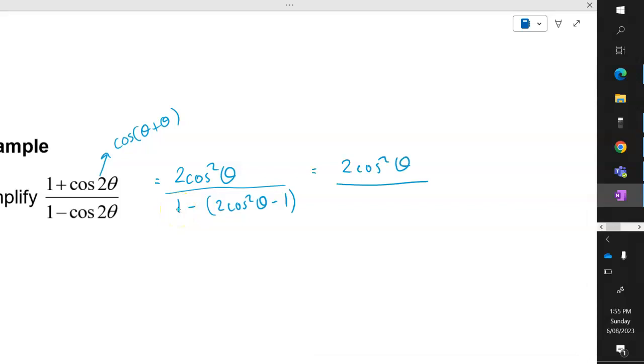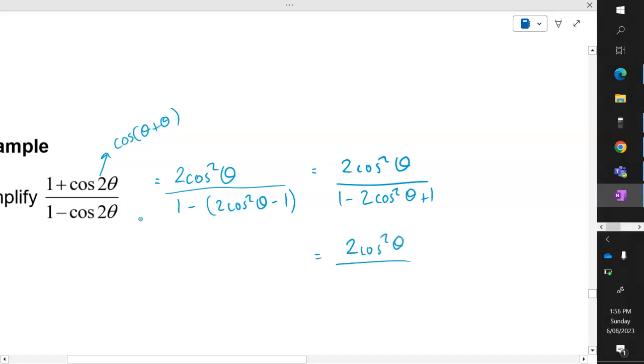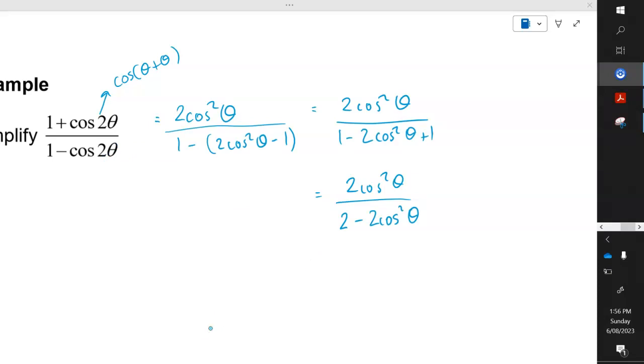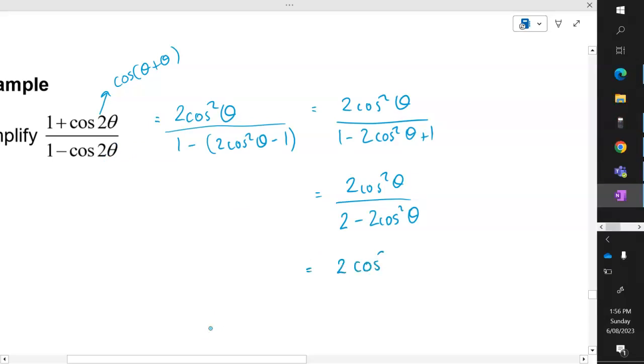So the bottom line is going to be, what are we going to have? 1 minus 2 cos squared theta plus 1, which is going to be 2 cos squared theta over 2 minus 2 cos squared theta. Okay, we're nearly there. Let's just factorize that out. The top one is 2 cos squared theta.